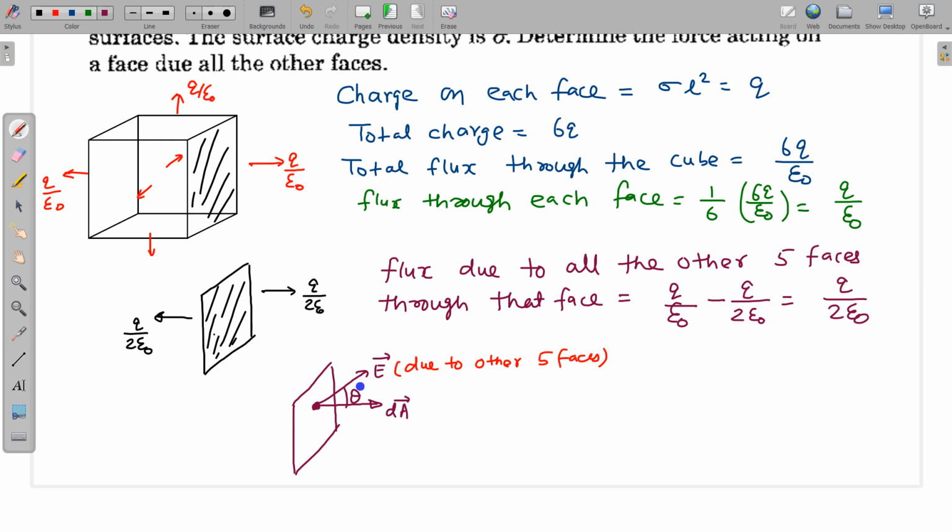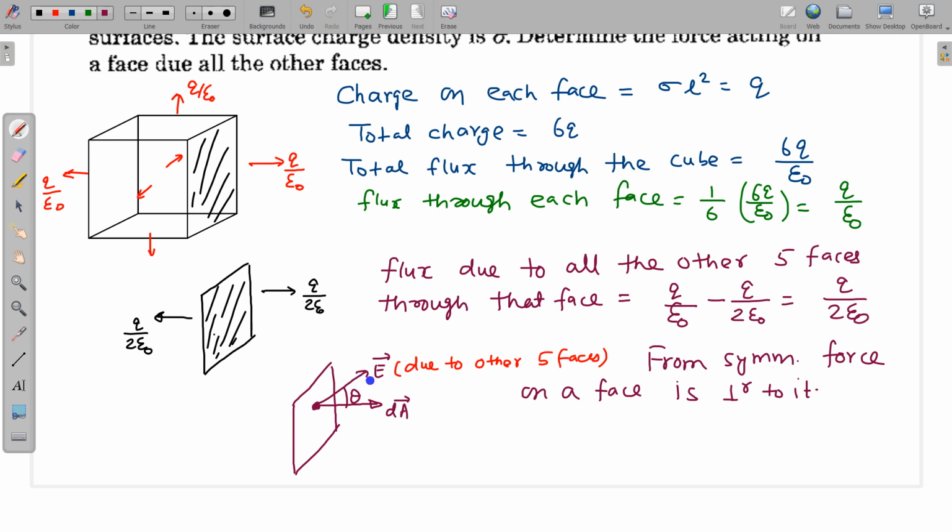From symmetry we can say that the net force on this face will be perpendicular to this face. The situation is highly symmetric, so from symmetry we can say that the force on a face is perpendicular to it.